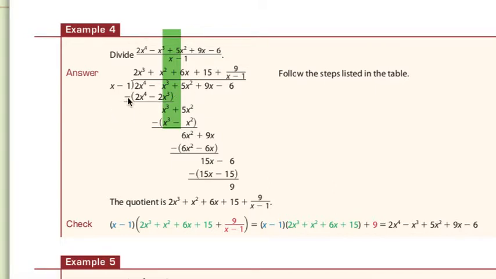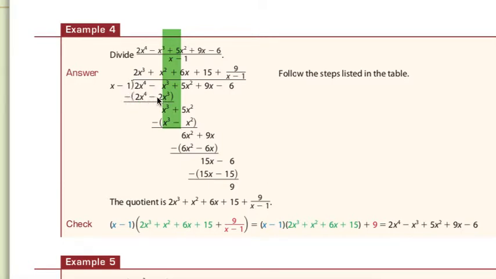Okay, and you're going to go through that process again. You're going to put this in descending order, 4, 3, 2, 1, 0, that looks good. Then it's x going into 2x to the 4th power, which is 2x cubed. You're going to multiply this by your two terms here. So that's 2x to the 4th power minus 2x cubed.